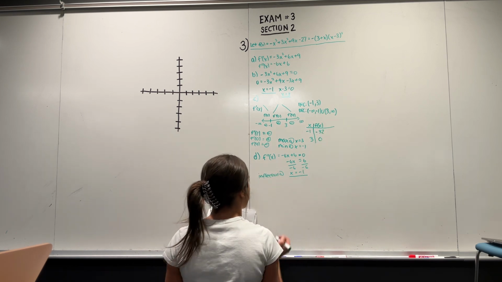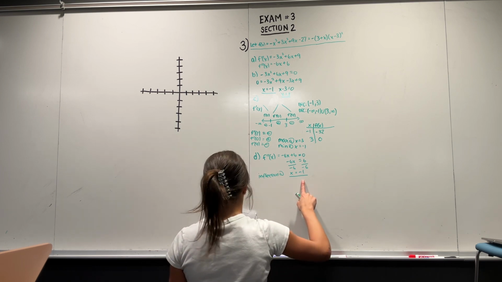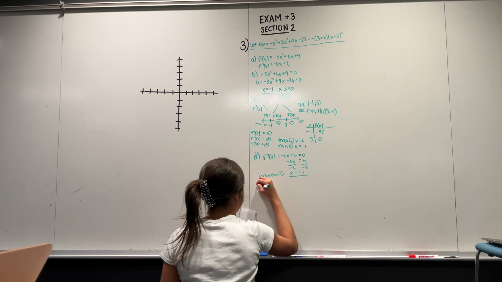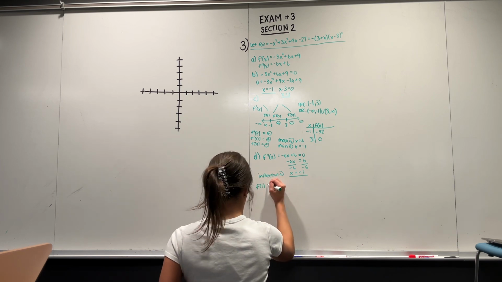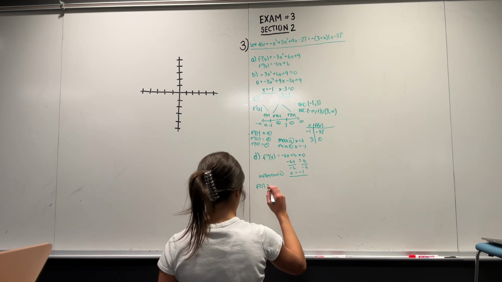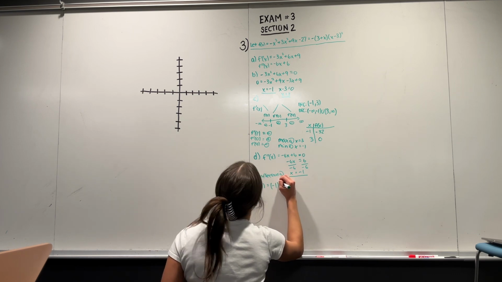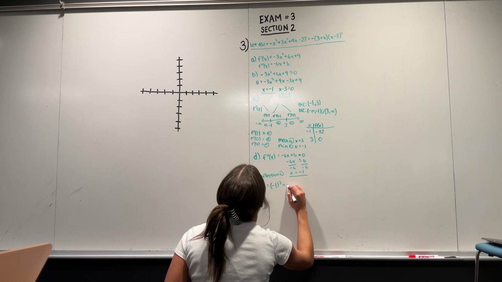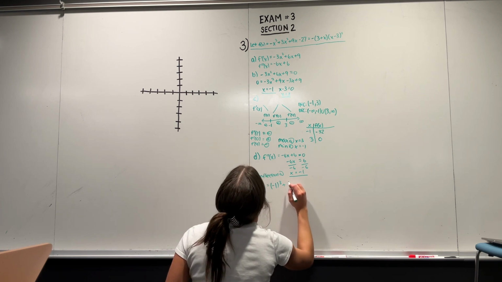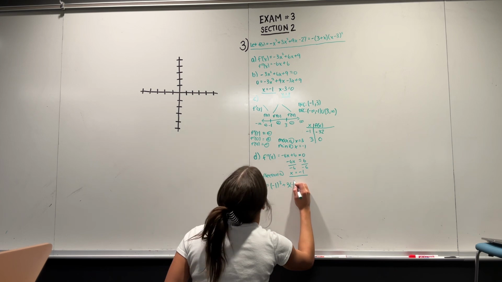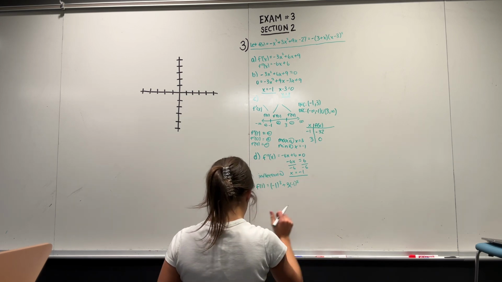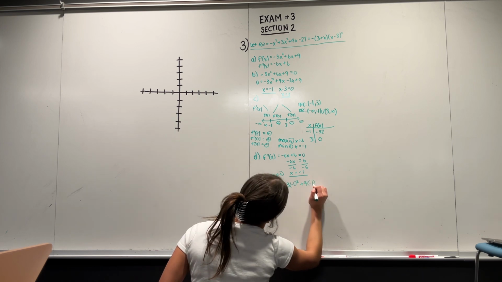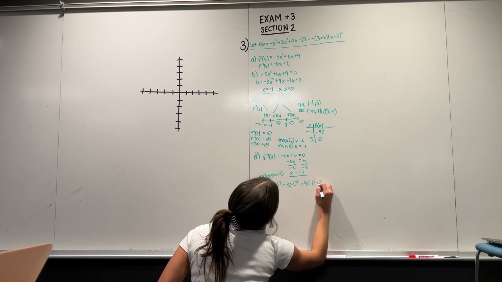And then we need to do the same thing where we plug it into the original f of x. So it'll be f of 1, and it's going to be equal to negative 1 cubed, and then plus 3 times negative 1 squared, and then plus 9 times negative 1, and then minus 27.